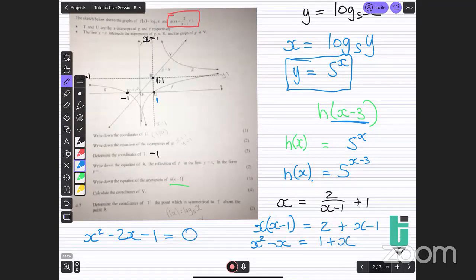Now can't we factorize that? I don't think it can be factorized. It gives you a decimal answer.